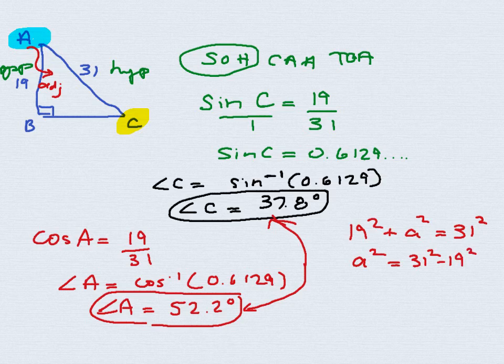And then take the square root. And that answer is going to work out to be 24, rounded, I guess. 24. And that's your third side. We've completed all the angles and all the sides, so that question is complete.